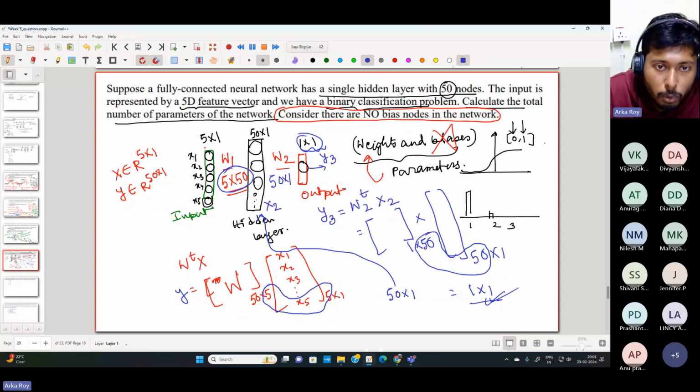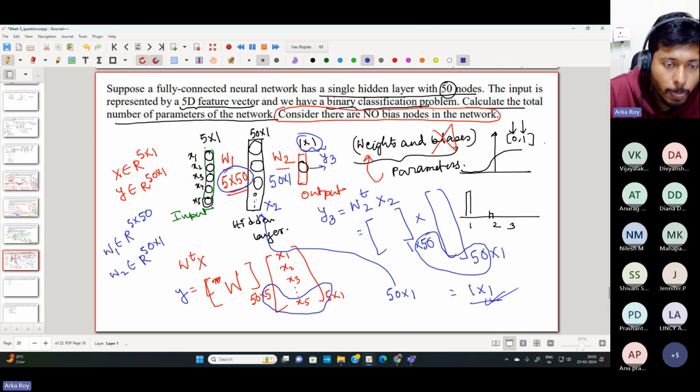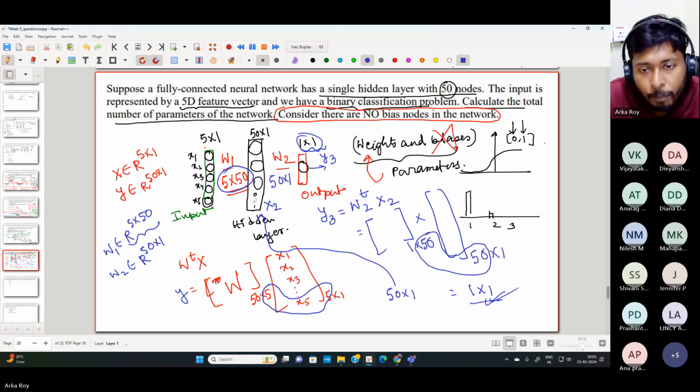So the shape of W1 will be 5 cross 50, and the shape of W2 will be 50 cross 1. How many elements are there in W1? 250.